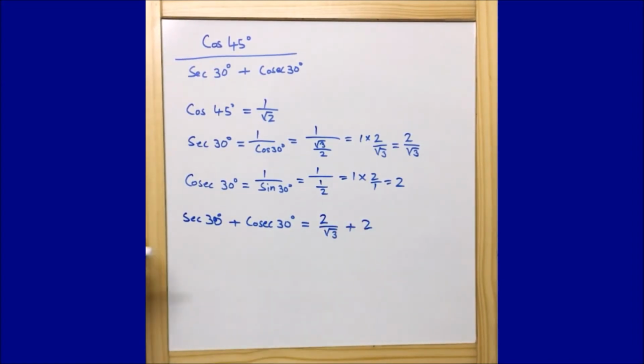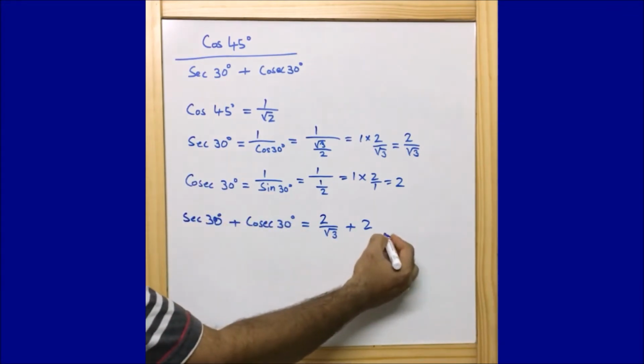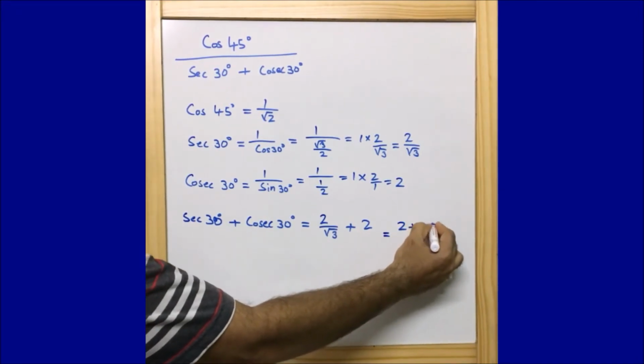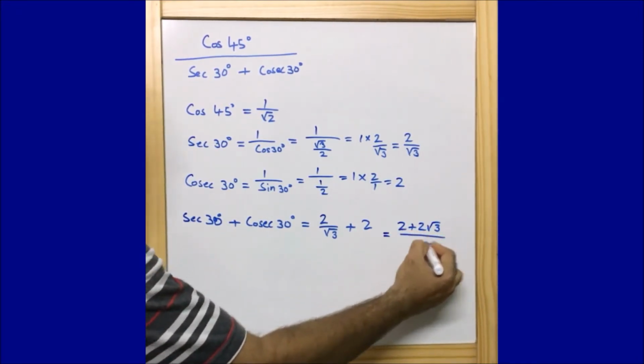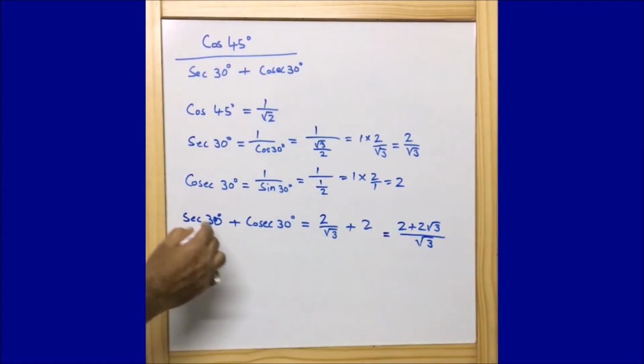Now this one I can write, taking root 3 as the LCM, as 2 plus 2 root 3 upon root 3. This is what I am getting as the value for sec 30 degree plus cosec 30 degree: 2 plus 2 root 3 upon root 3.